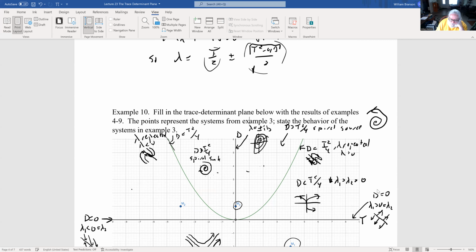That's what a phase plane looks like. And over here with t negative, d less than t squared over 4, we have lambda 1 less than lambda 2 less than 0. And in our phase plane, everything is going in to 0.